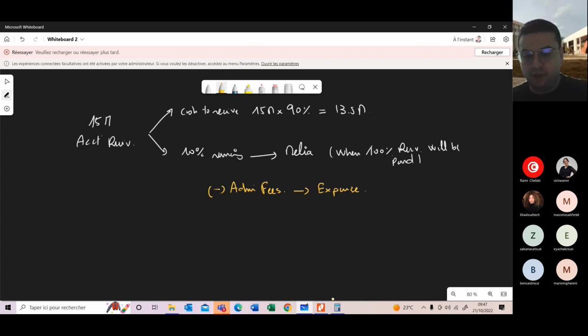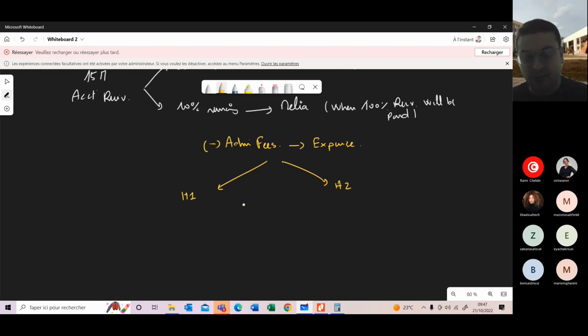So normally when are these expenses to be recorded? We have two options, H1 and H2, hypothesis 1 and hypothesis 2. In all cases they're going to be recorded, but I'm asking about the timing. In H1 the administration fees are recorded in the scenario in which the collection is on time. What is the time of collection?